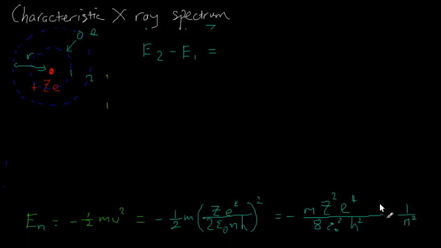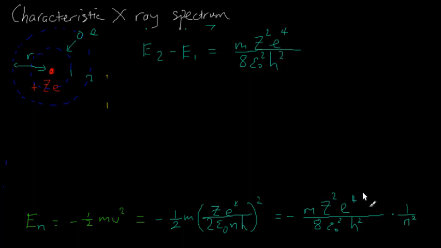So if I put n equals 1 and n equals 2 into there and try to subtract them, what I'll get is two terms with the same common factor. So I'm just going to write this out directly: m Z squared e to the 4 over 8 epsilon naught squared h squared.